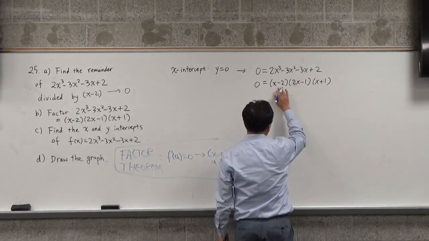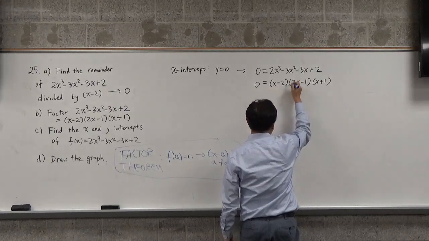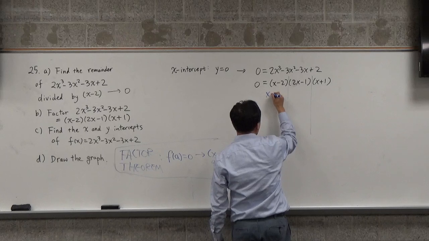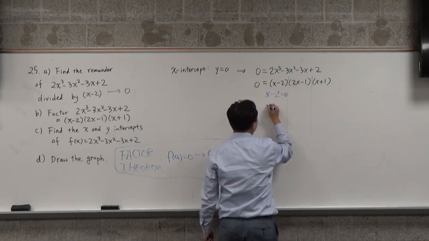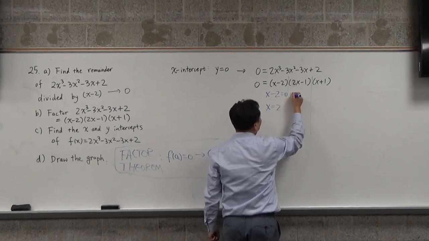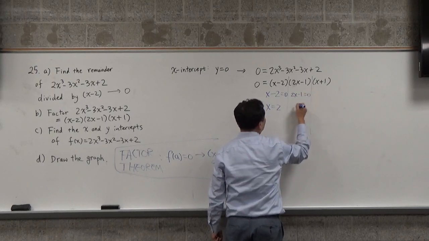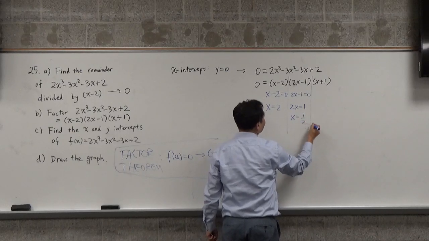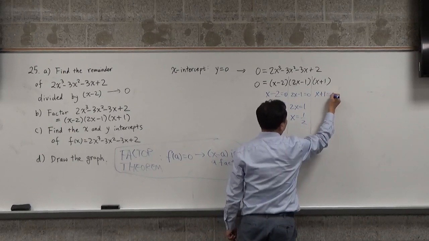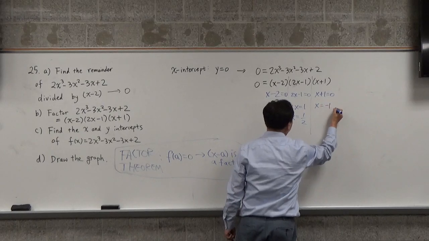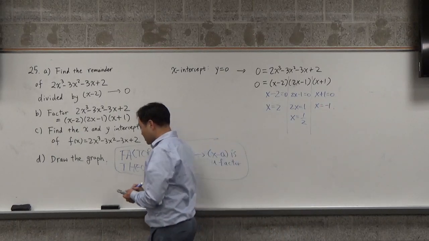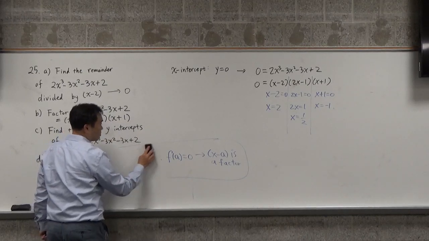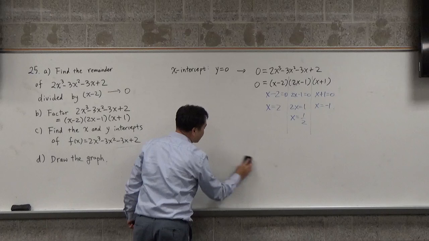If you have multiple things multiplied to give you 0, then at least one of them has to be 0. So either x minus 2 is 0, which means x must be 2, or 2x minus 1 is 0, which means that 2x is equal to 1, and then you divide by 2, which is 1/2, or x plus 1 equals 0, so x is equal to negative 1. Okay, so those are the x-intercepts.